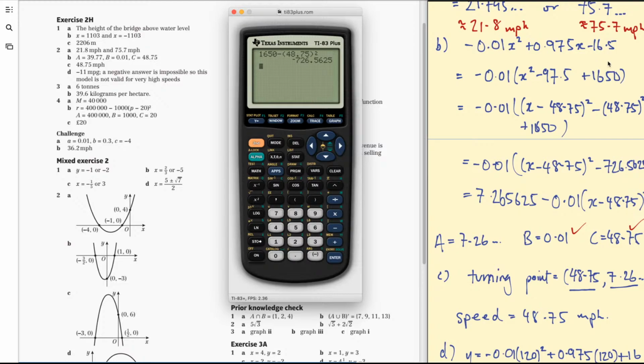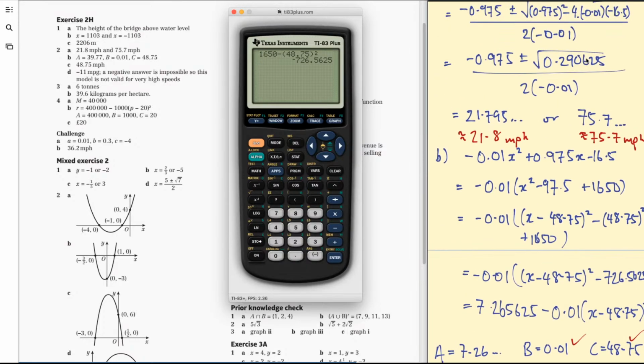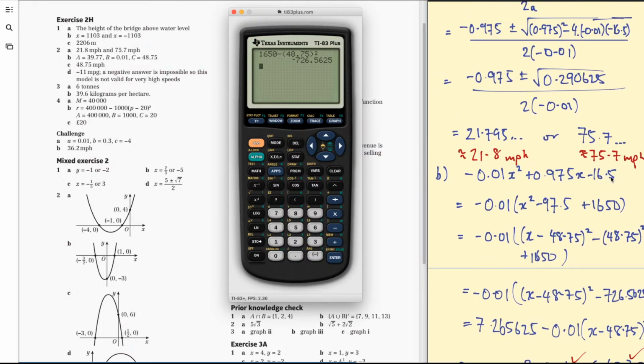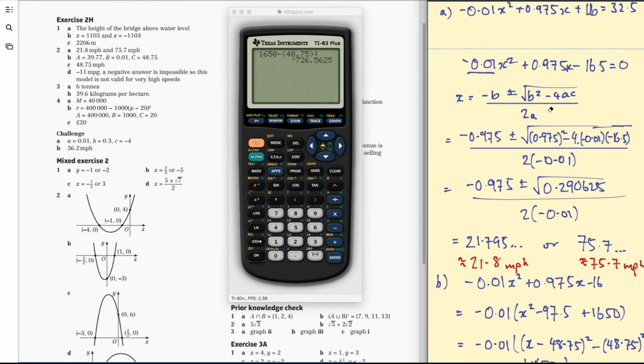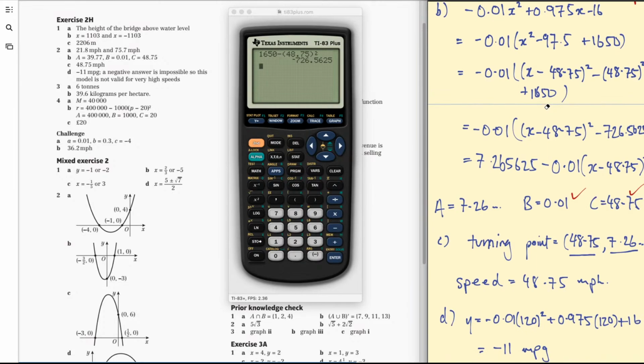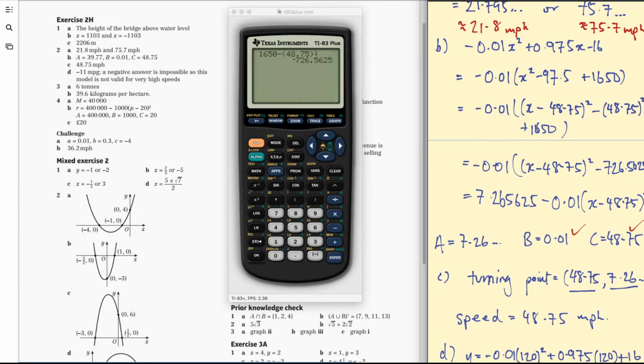I factorized 0.01. Did I write that wrong? 16.5. Why did I write 16.5? That should be 16. And it's a positive. I just wrote that wrong for some silly reason. Oh dear, oh dear. No idea why I wrote that. It should be positive 16. That's where I went wrong.